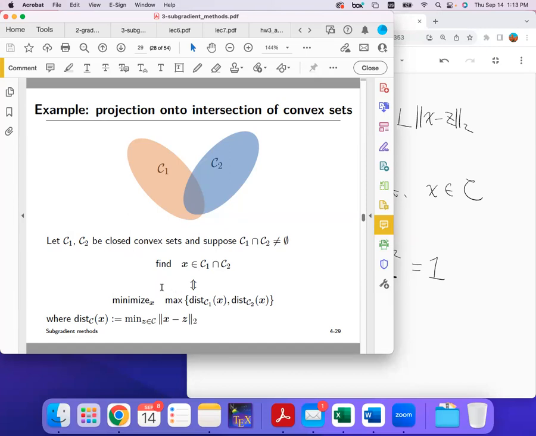You can verify this is indeed a Lipschitz continuous function. So everything perfectly falls into this subgradient descent theoretical framework.